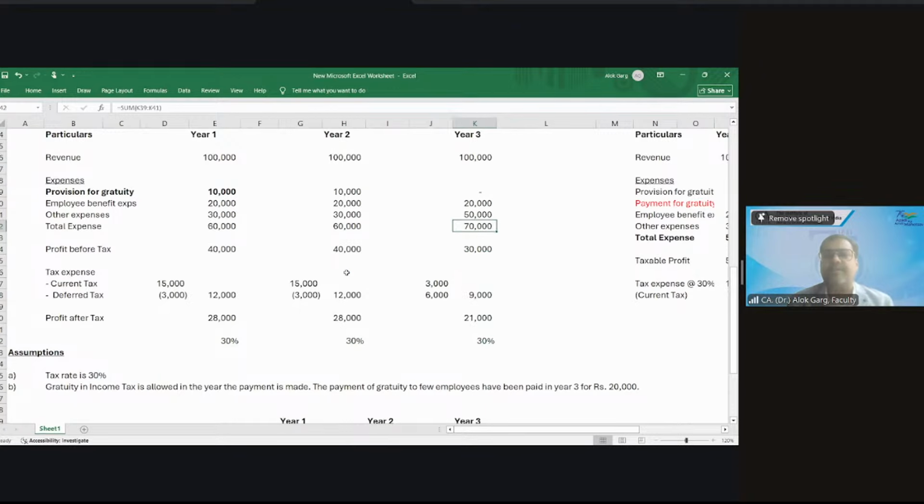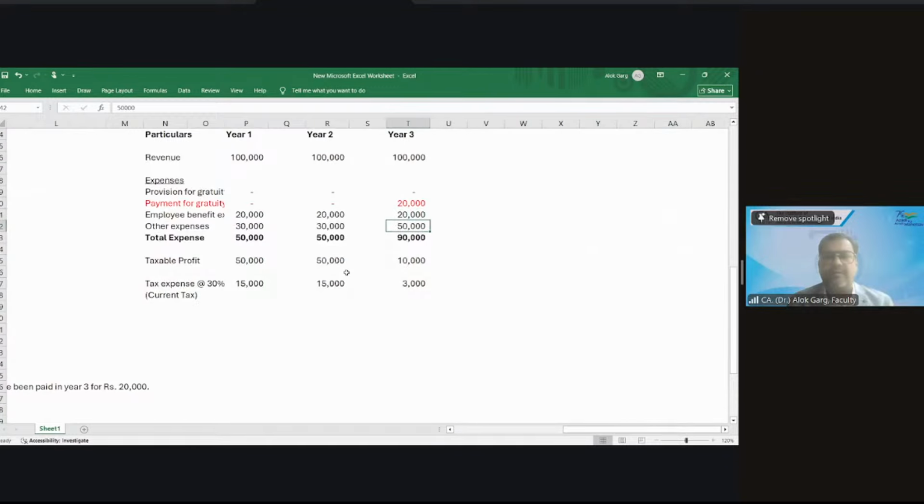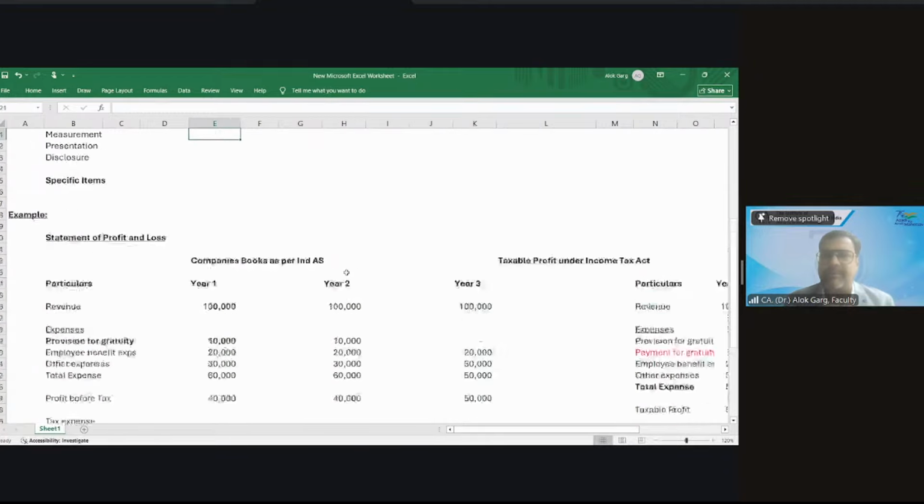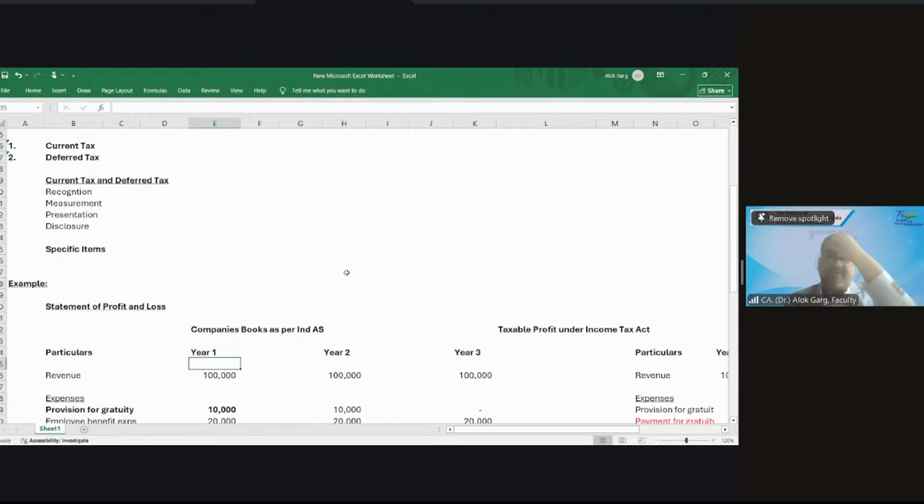Okay, right? So this ETR, your total tax expense divided by profit before tax, will always come as the tax rate in your P&L if there is no permanent difference. If there is a permanent difference, then of course your ETR will not match. Okay, I'll come to that. Is that completely clear? Very good.